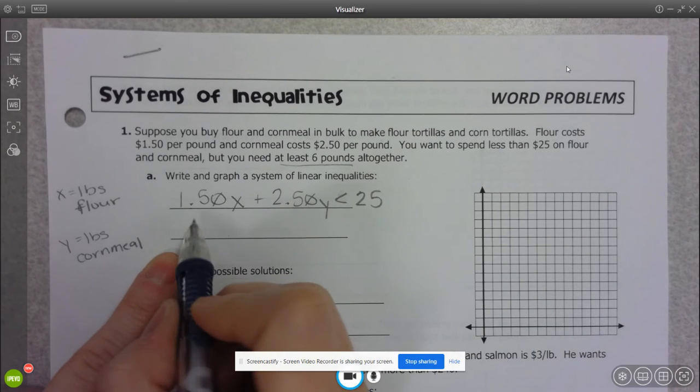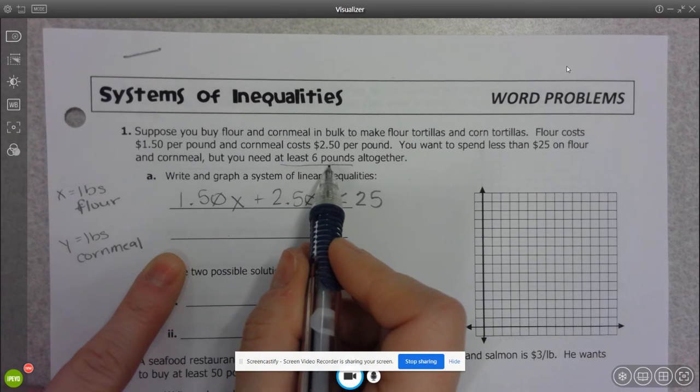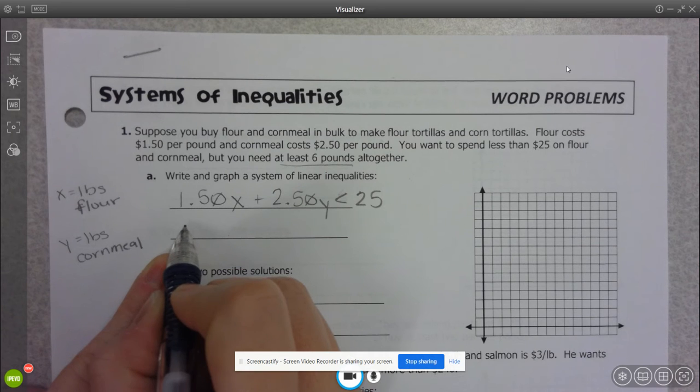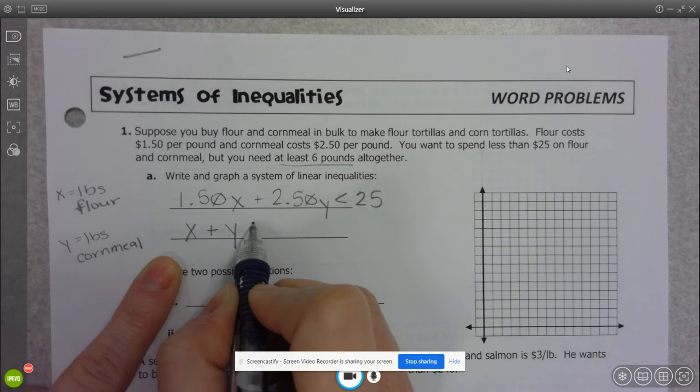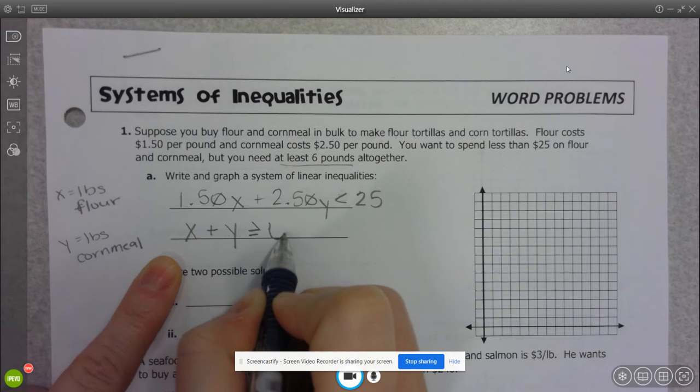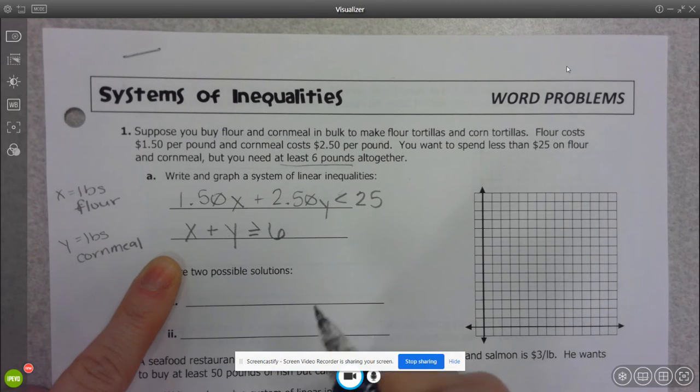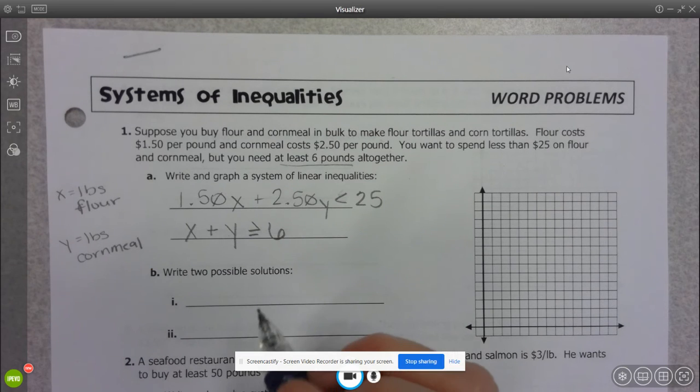And I want at least 6 pounds of flour. So I'm going to say 6 pounds altogether, not 6 pounds of flour. And at least means the minimum I want is 6.